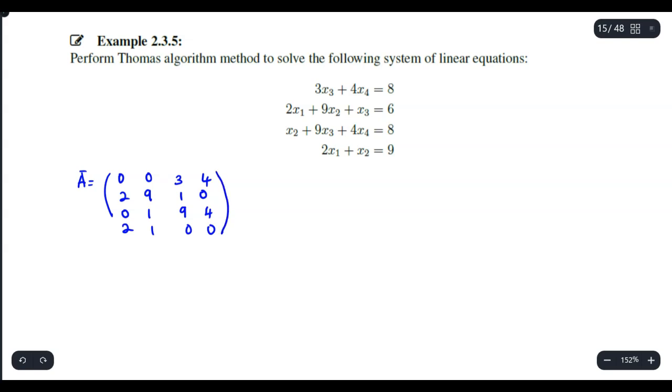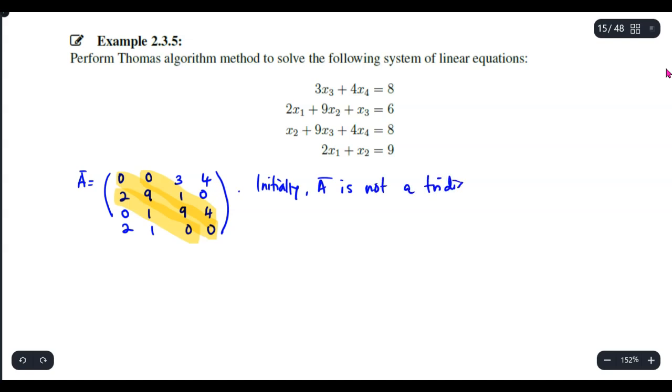Clearly this is not a tridiagonal matrix, because if we mark the main diagonal here, and this is the upper diagonal, and this is the lower diagonal, other than the 3 diagonals, all the elements are supposed to be 0. But you can see we have 3, 4, 0 somewhere here, and here we have 0, 2, and 1. So initially A is not a tridiagonal.